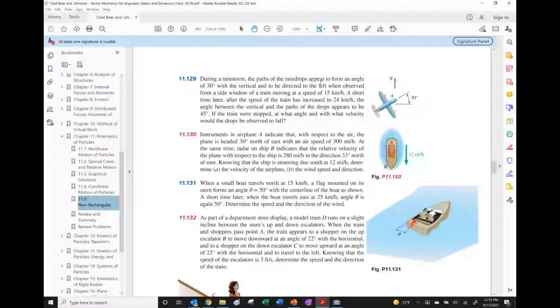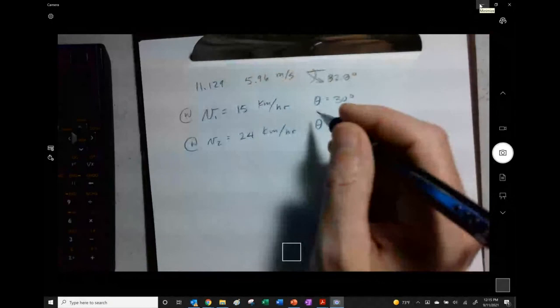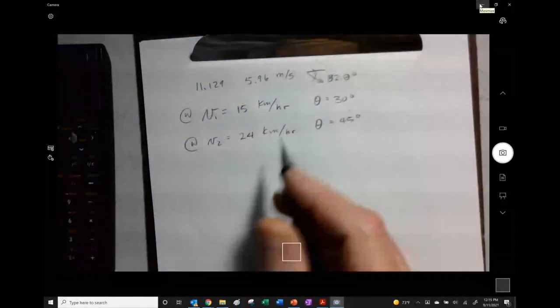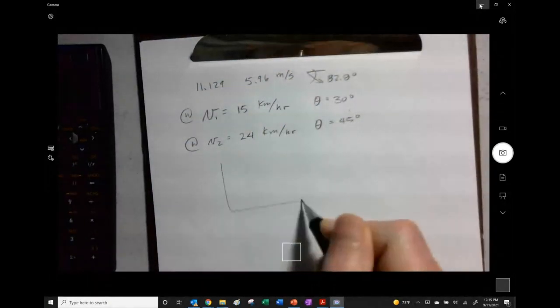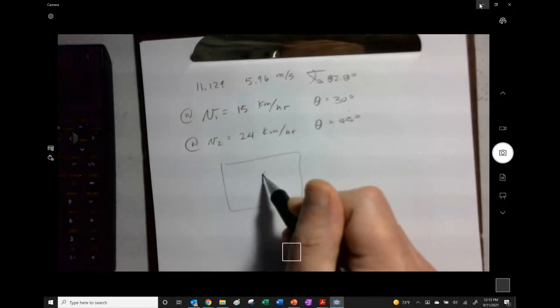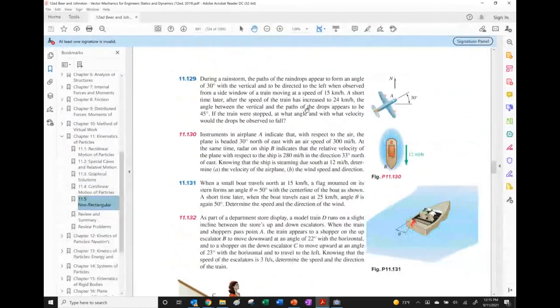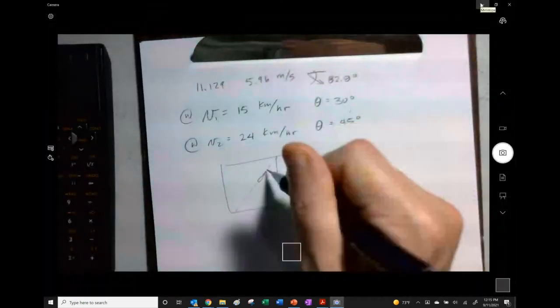So I'm writing this stuff down right here, and let's just draw out the window, and we have a raindrop appearing to come down this way right here. And I have to look at the words too. Are they saying with the vertical, right? It is formed with an angle of 30 degrees with the vertical. Okay, so they mean from here.